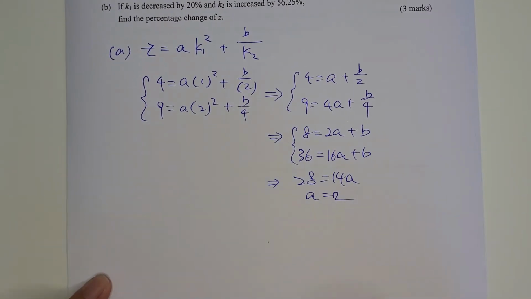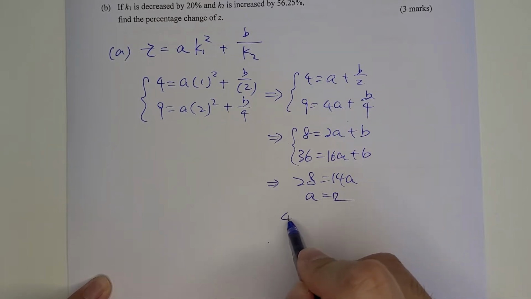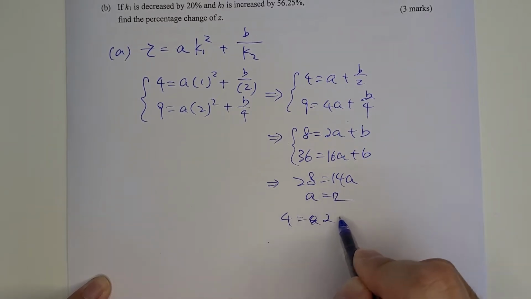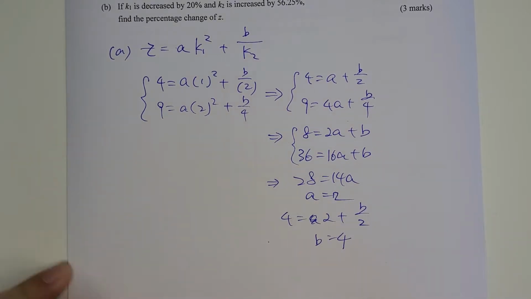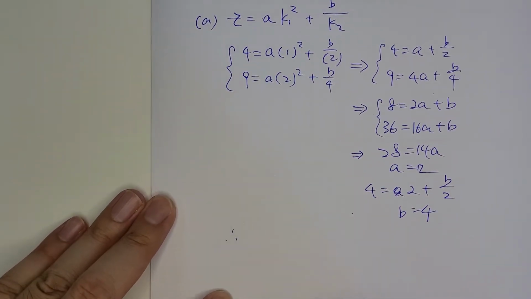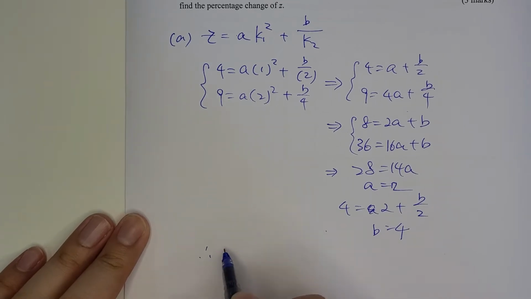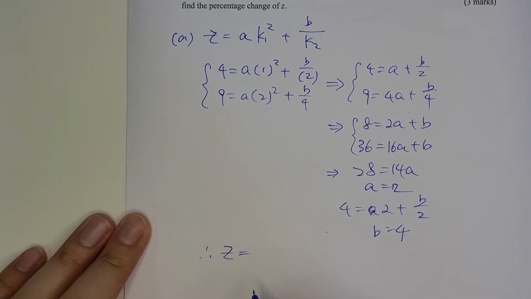When you get a equals 2, you can get b. b is equal to 4. Therefore, you can write down z equals 2 times k1 square plus 4 over k2.